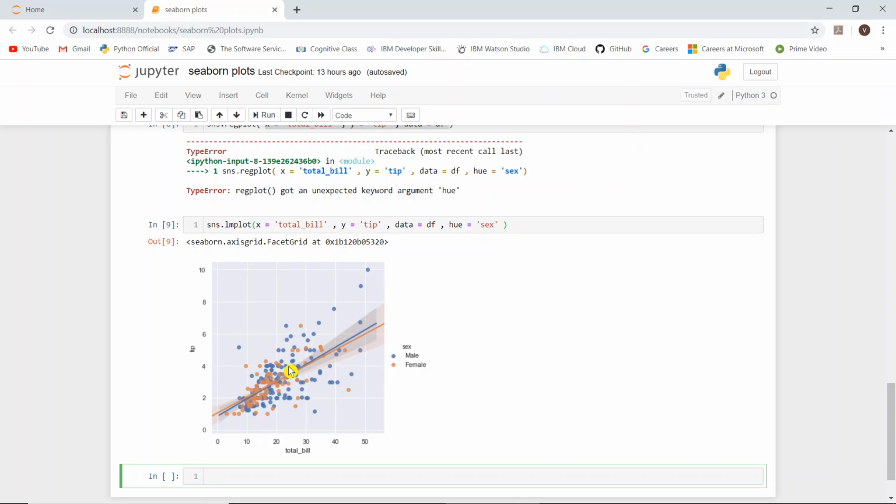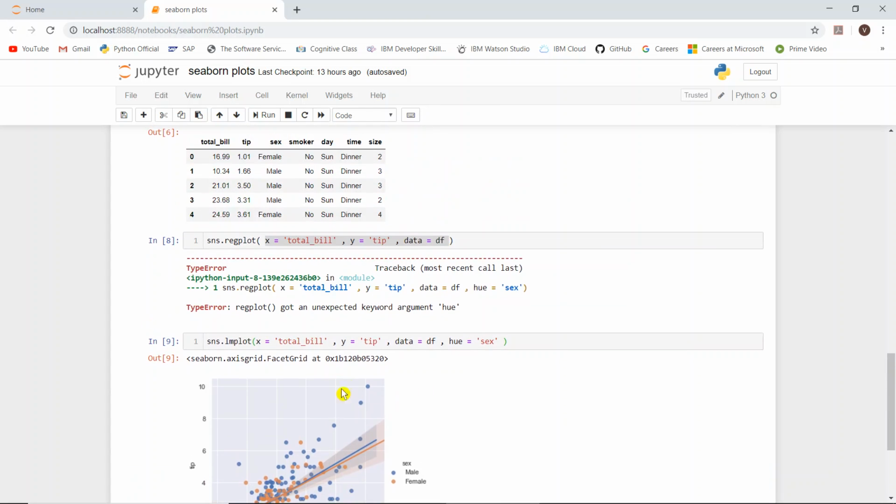In the same plot, both males' and females' data points are drawn, and the regression lines are also drawn. The use of this type of plot is to distinguish both categories, the male category with their total bills and tips, and the female category with their total bills and tips. The hue makes the difference, friends.